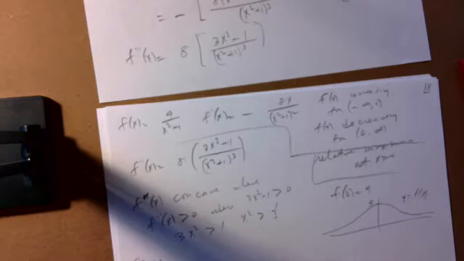So we have concave up for x from 1 over the square root of 3 to infinity, and from minus infinity to minus 1 over the square root of 3. Right? Because x squared is bigger than 1/3 when the absolute value of x is bigger than 1 over the square root of a third, or 1 over root 3.